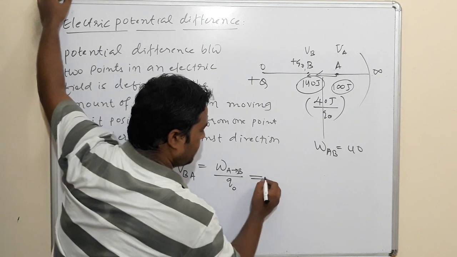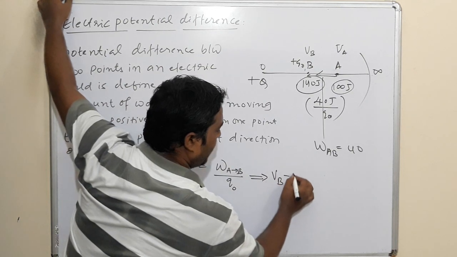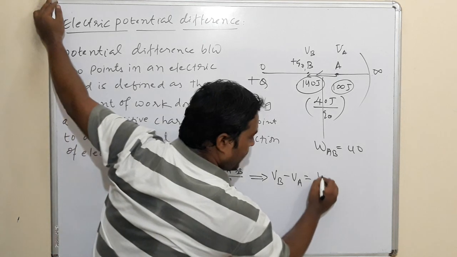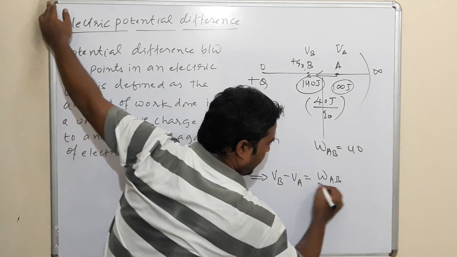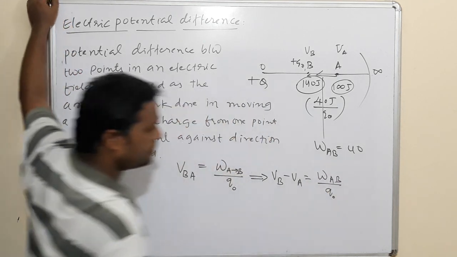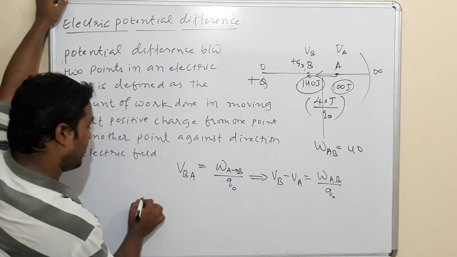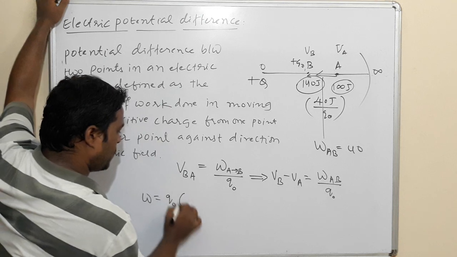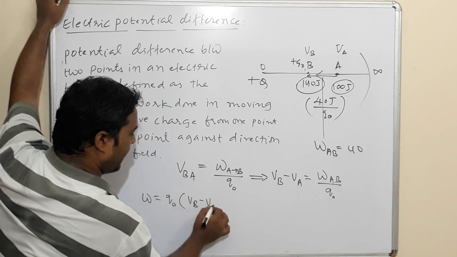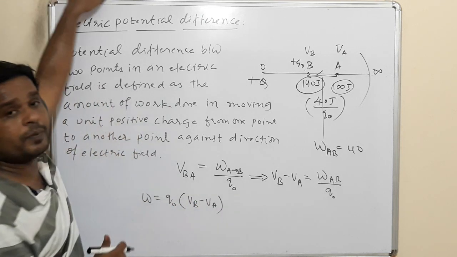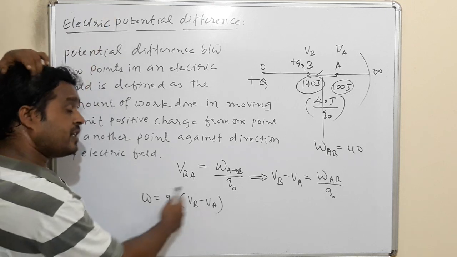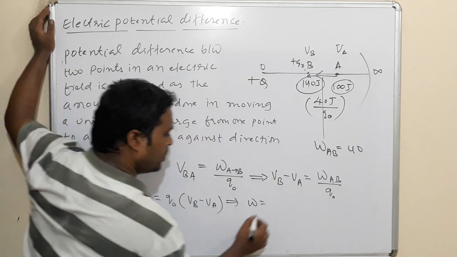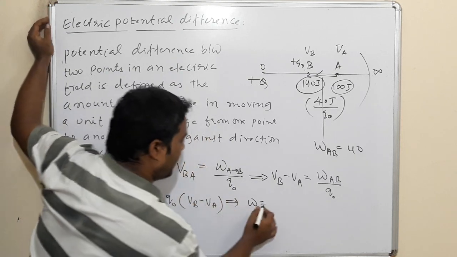Then you can calculate the amount of work done. The work done is Q naught into VB minus VA. What is VB minus VA? It is the potential difference between A and B. So W is equal to this, work done can be defined like this.